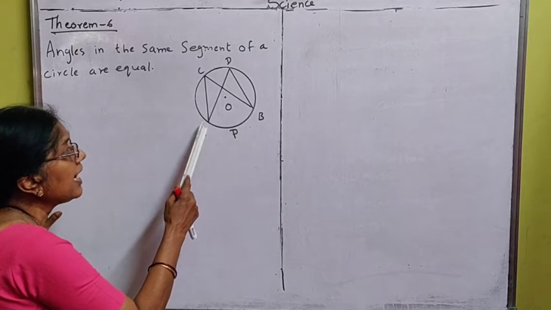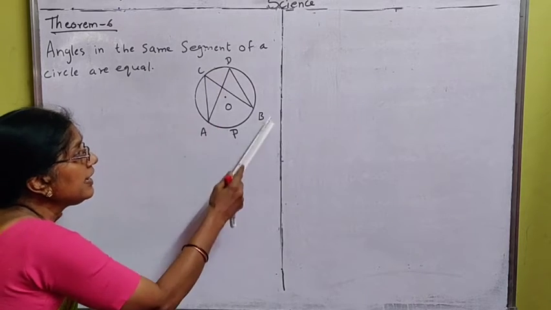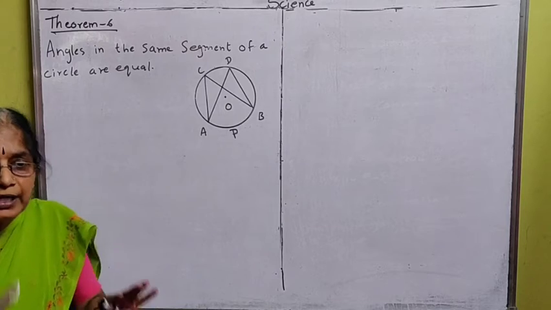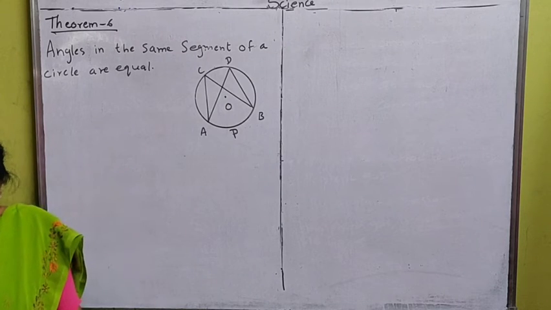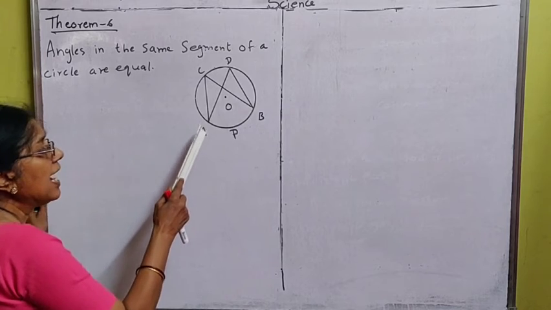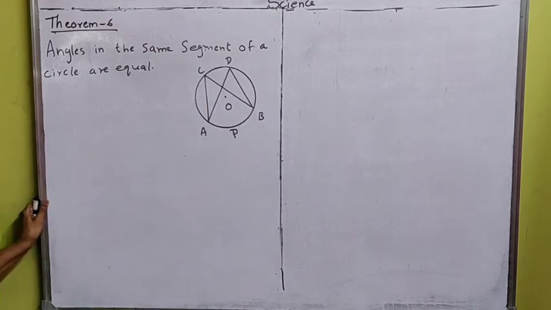It subtends angle ACB on the circumference and angle ADB on the circumference. So what will you write down as given? O is the center of this circle. Arc APB subtends angle ACB and angle ADB on the circumference.